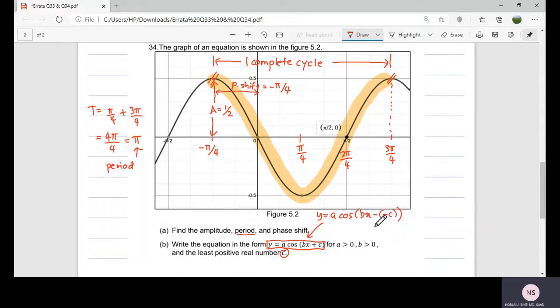Whenever you have minus negative c, it will indicate that the graph shifts to the left. When it shifts left, we need to choose from the given graph the shape of the cosine graph which shifts to the left.